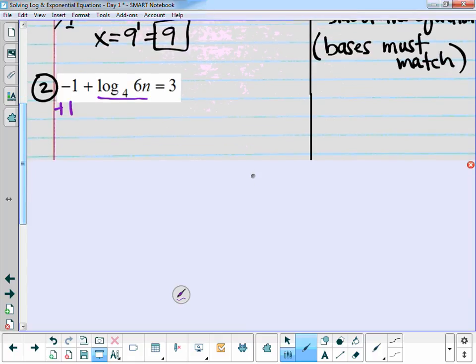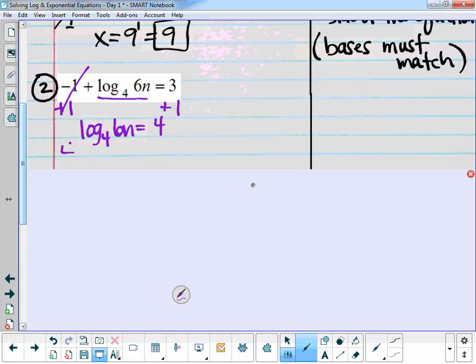Yes, add 1, right? So we want to add 1 to each side. And then that will be log base 4 of 6n equals 4. So now we have the logarithm by itself. Now we can exponentiate it. With what number do we want as the base? 4, right? So it'll match the logarithm base.